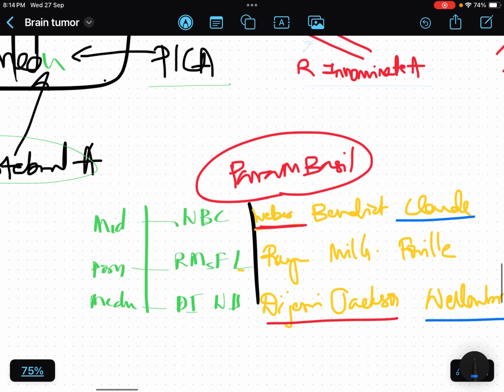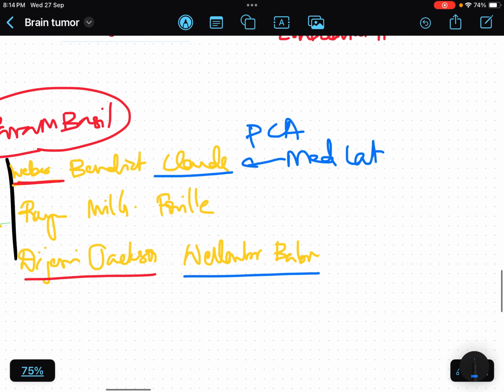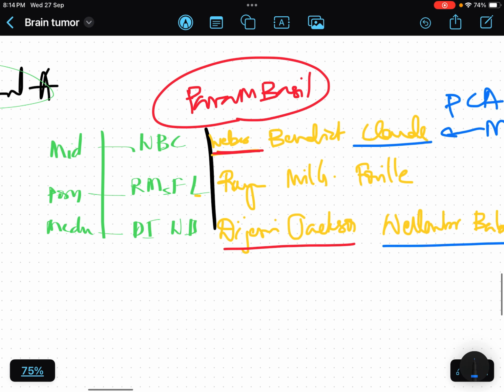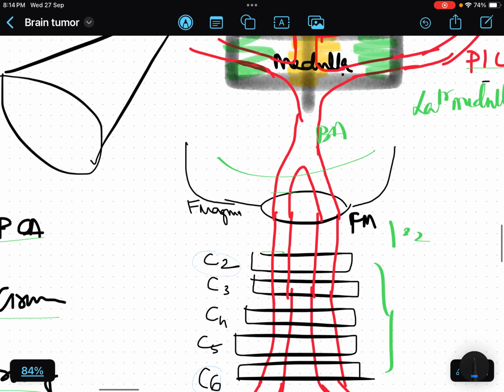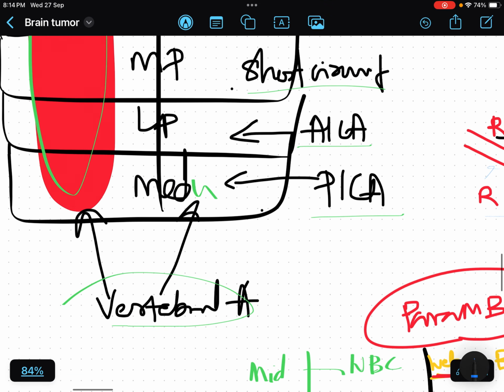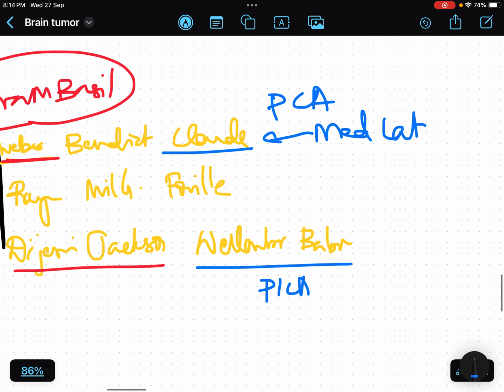So midbrain lateral will be supplied by the PCA. Medulla lateral, you will have PICA. That is what I said: lateral medullary syndrome.